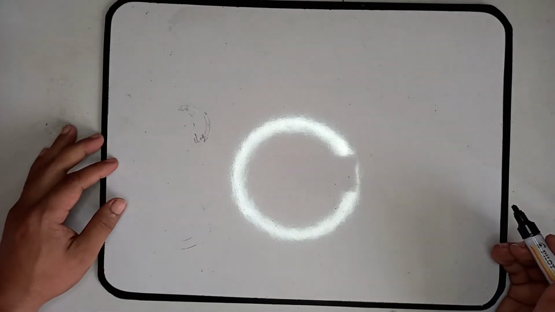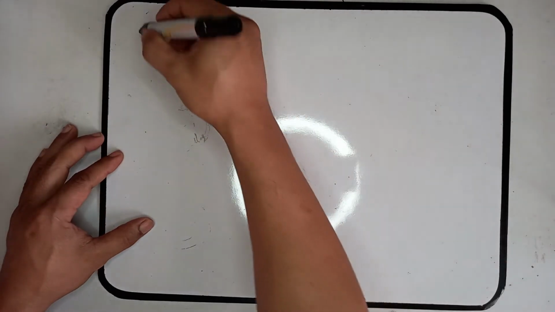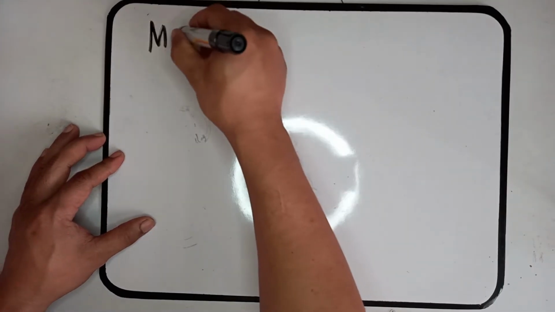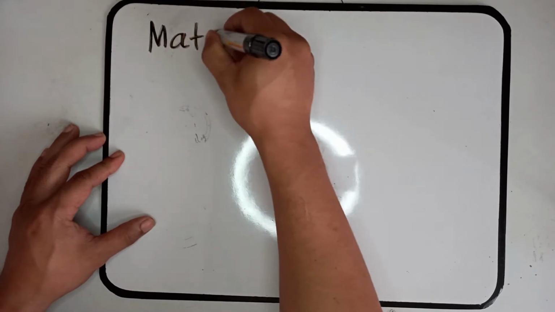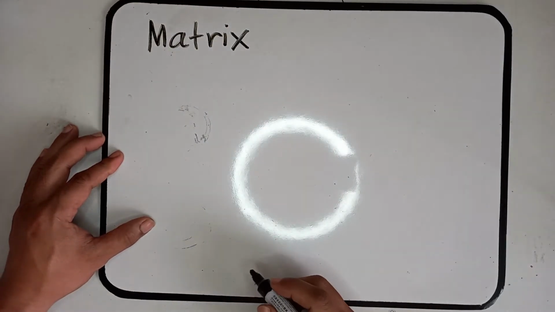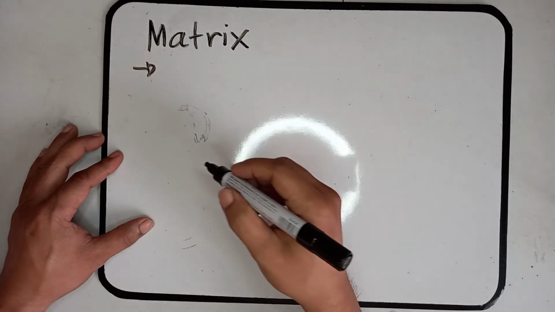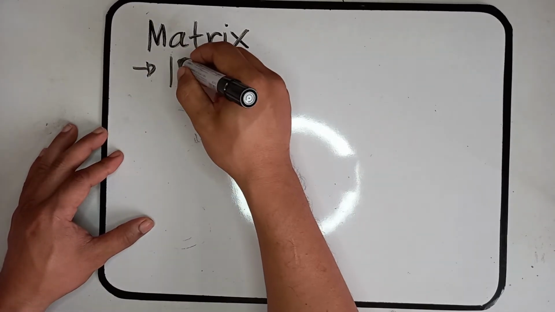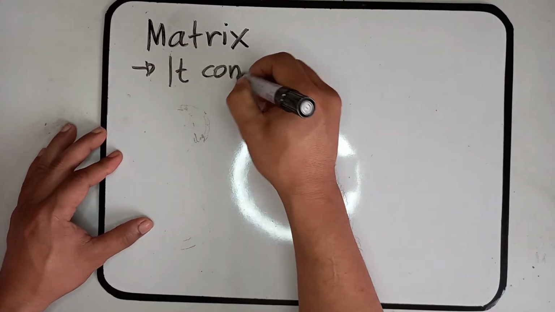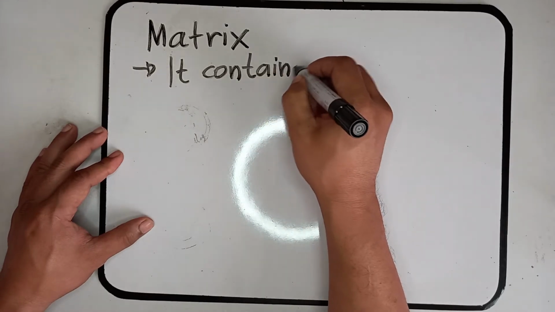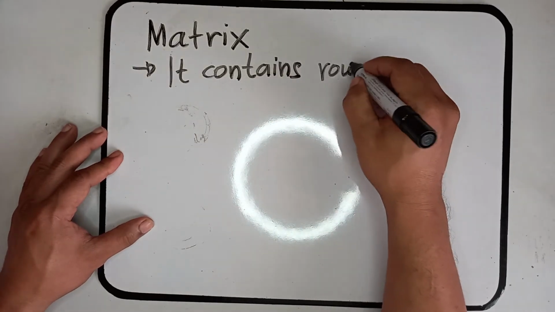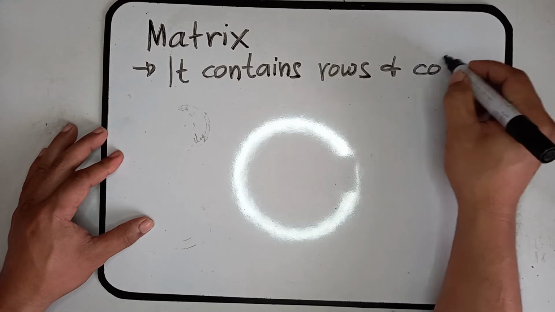Okay, so in this video we will talk about matrix. So matrix basically contains rows and columns.